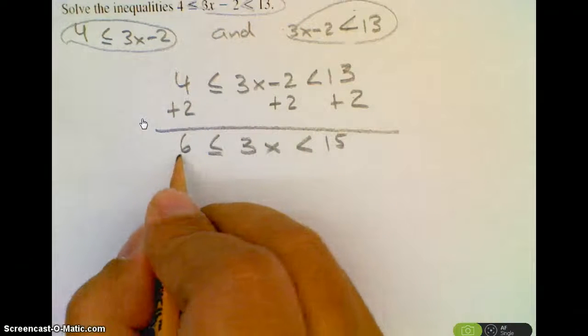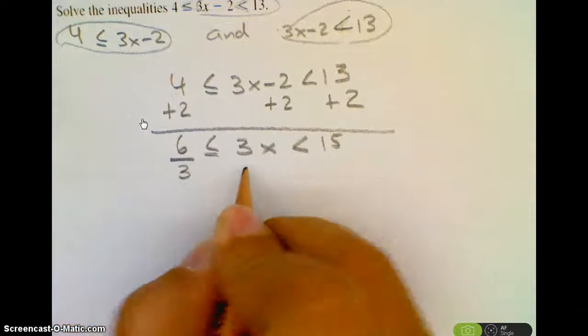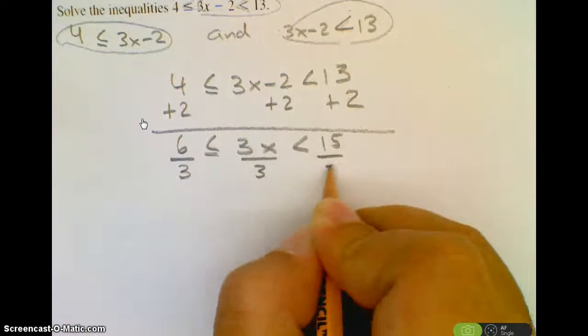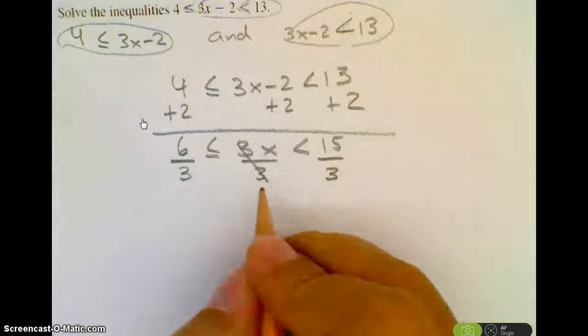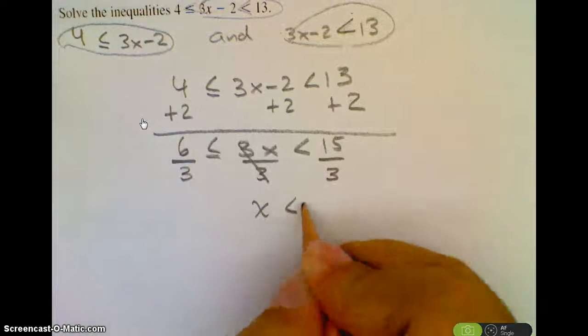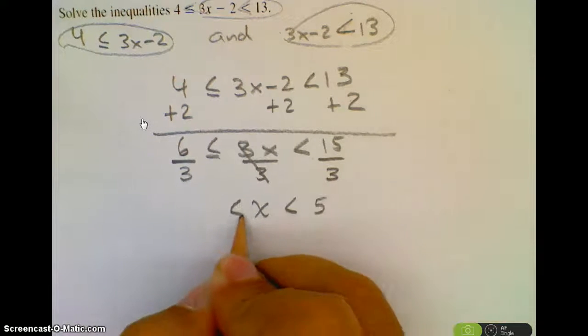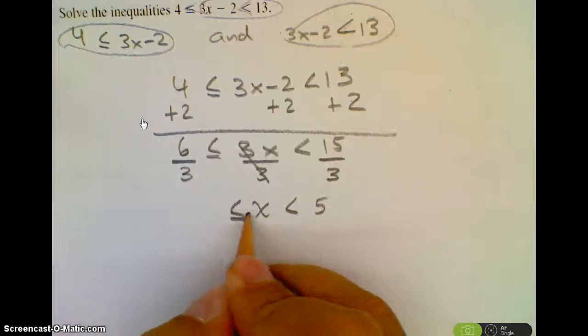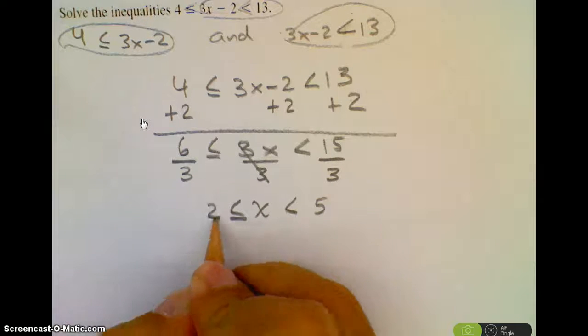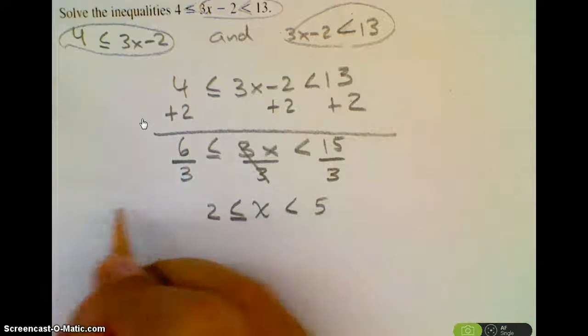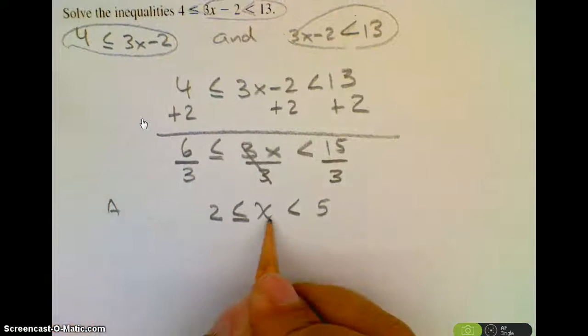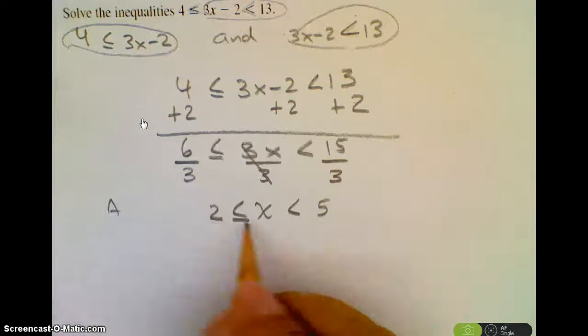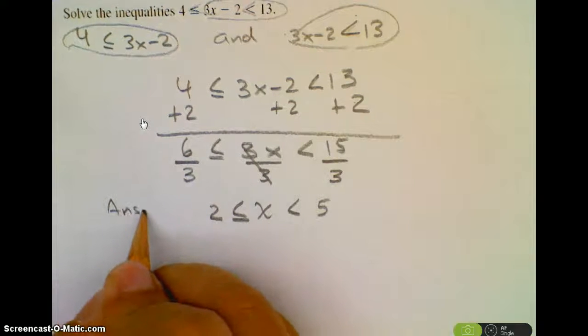And because that number is positive, the direction of the inequalities does not change. So now the 3's cancel out, so I have x less than 5, but this at the same time is greater than or equal to 2. So the answer is x could be between 2 and 5, including 2.